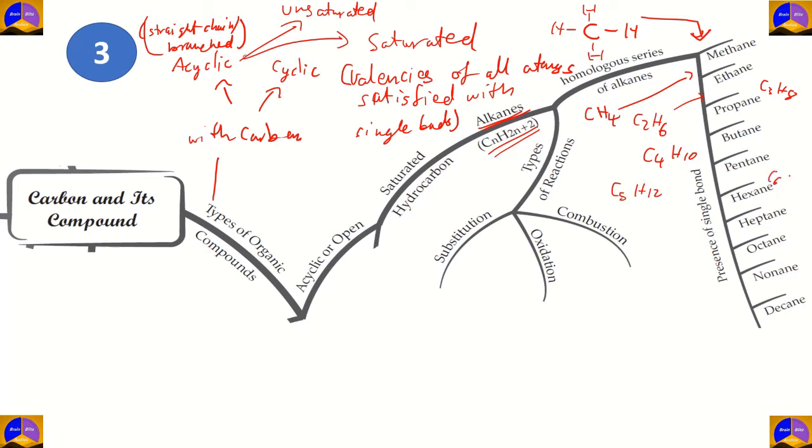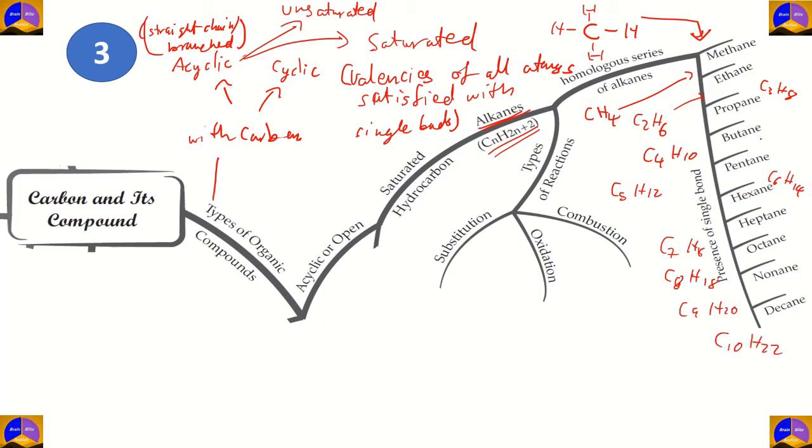Hexane is C6H14. Heptane is C7H16. Octane is C8H18. Nonane is C9H20. And decane is C10H22.